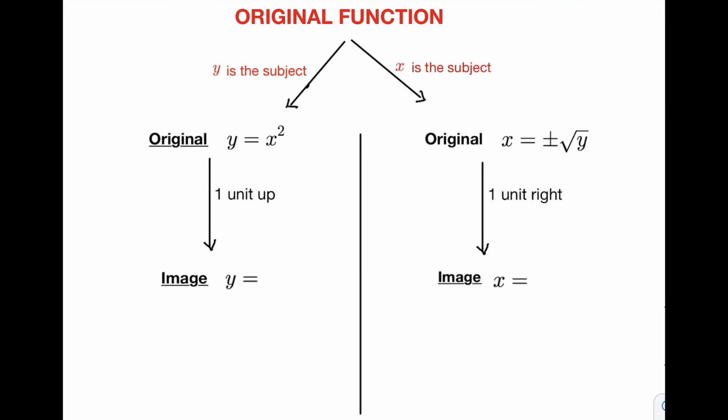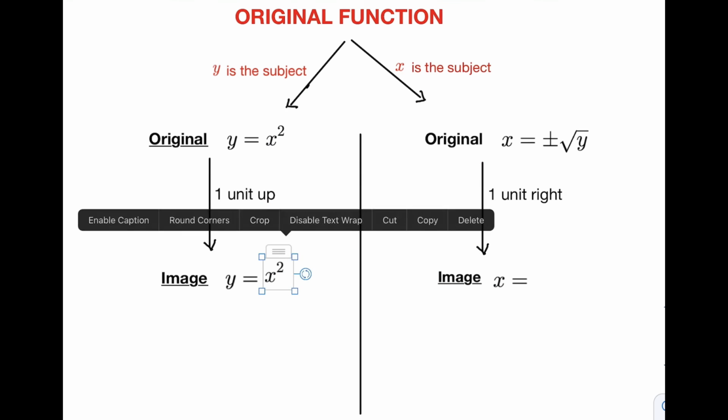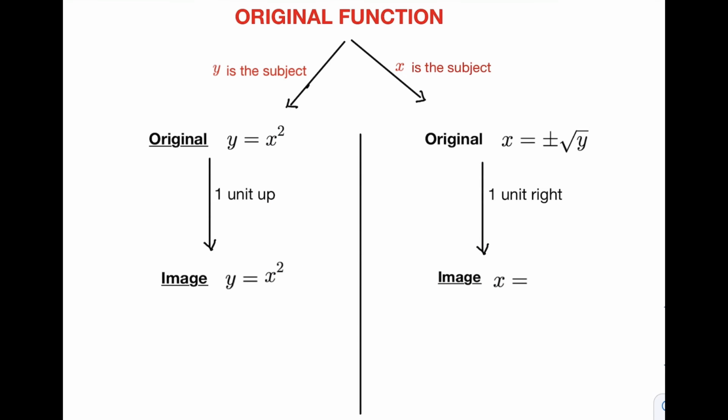In the case of the vertical translation of one unit up, only the y values are affected, and this version of our original function will be the most helpful in finding the rule for the image function. In this case, the image y's are the same as the original y's plus 1.